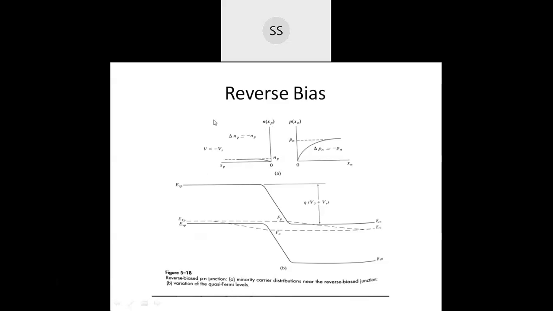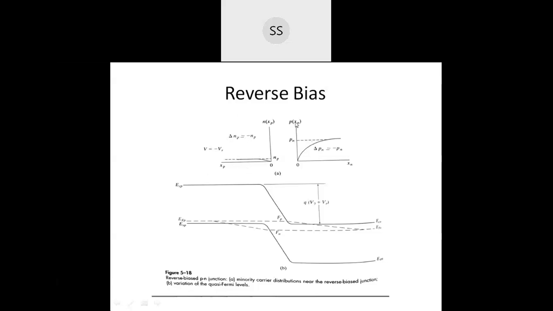So first of all, this is the P part, this is the N part. Now in the P part, minority carriers are electrons. In the N part, the minority carriers are the holes. Now this picture is showing their distributions. Here n of x_p indicates the minority carrier electrons in the P region.